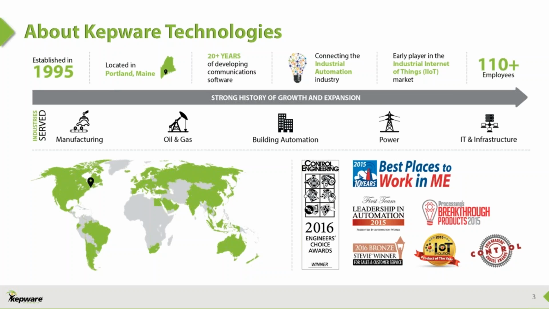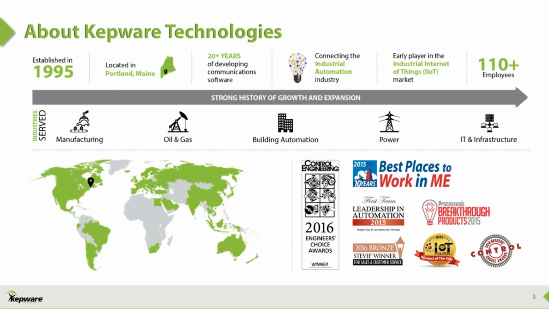So just a little bit about Kepware. We were established in 1995. We're located in Portland, Maine. 20 plus years now of developing connectivity to the industrial floor. Really focused on the industrial automation market. Different verticals: discrete manufacturing, think automotive, process manufacturing, oil and gas industry. Batch processing, so I think food and beverage.